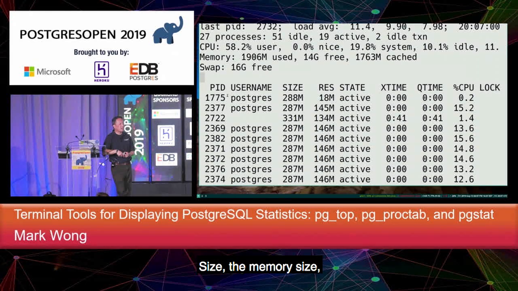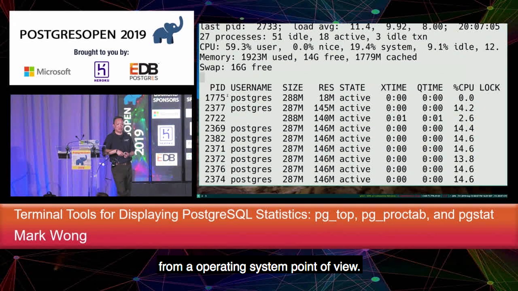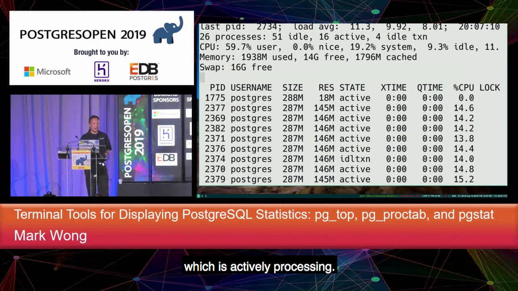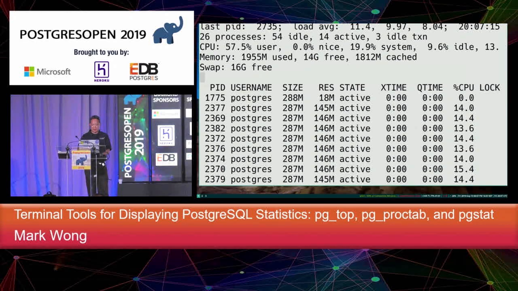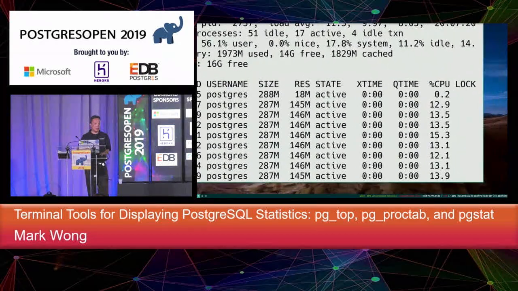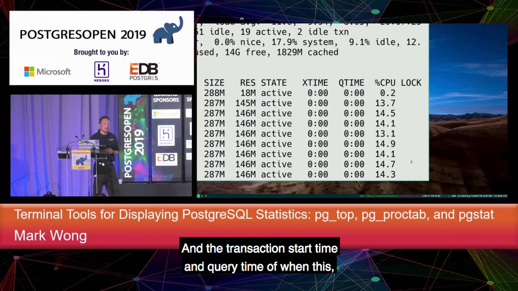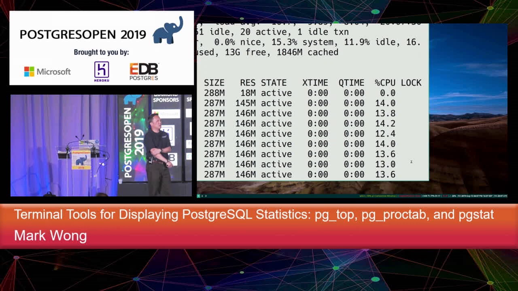Size, the memory size and the resident memory size are the same as you would expect from an operating system point of view. The state of the backend, which is actively processing, and the transaction start time and query time of what is running on that backend.